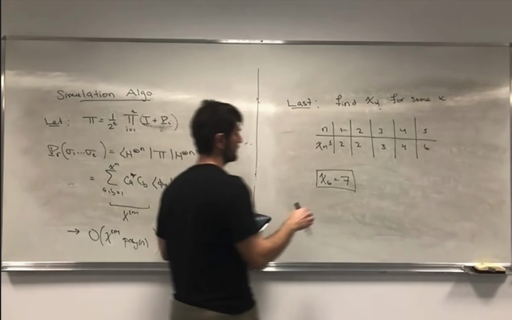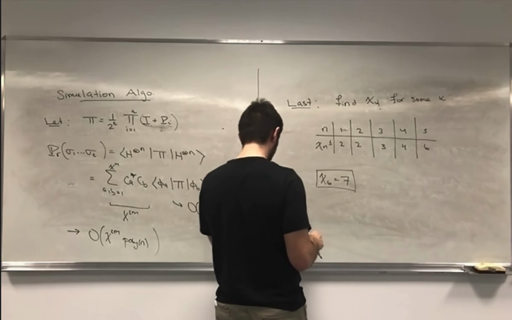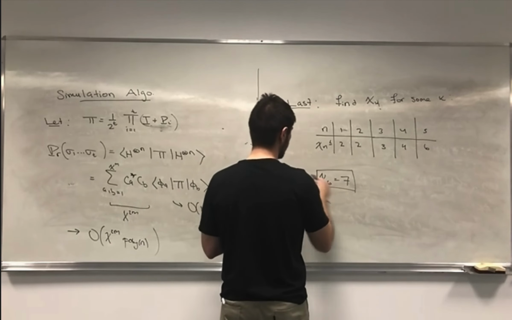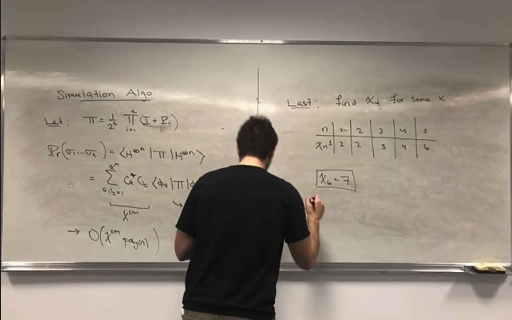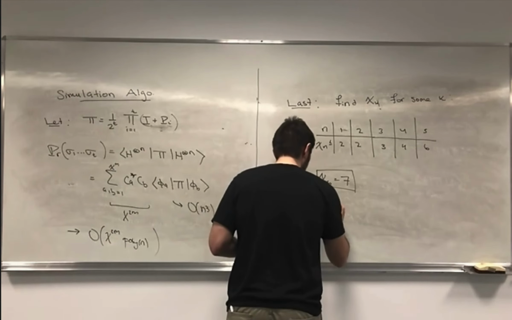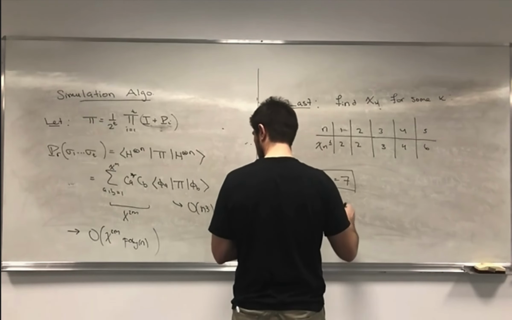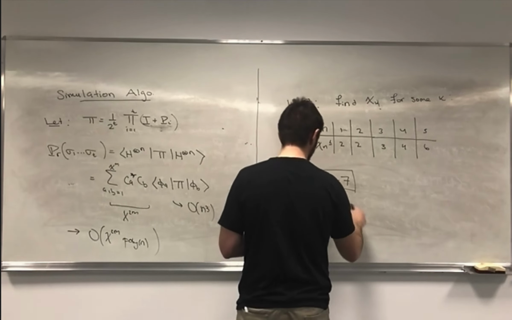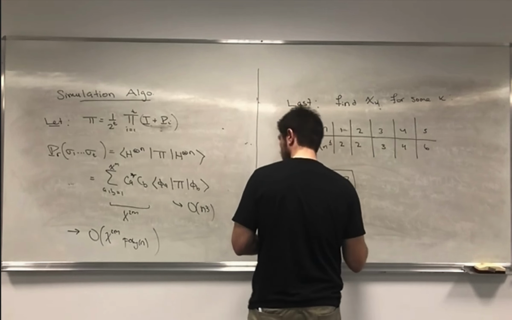I will not write down exactly this expression, but what does that give us? If we have chi_6 is equal to 7, then we take this expression and we have something like order of chi to the 2m, this is 7.